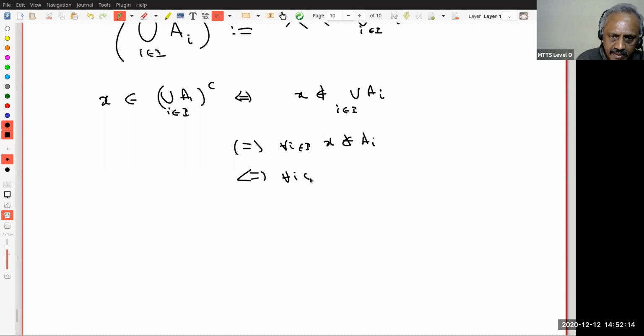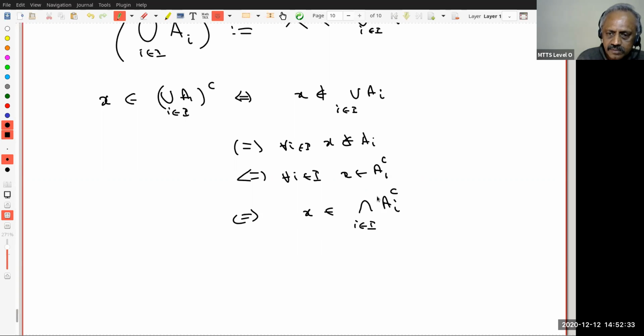But what does this mean? This means for every i in I, x belongs to A_i complement, right? For every i, x belongs to A_i complement. That means x belongs to the intersection of A_i complement, i in I. This is the intersection, right? When does x belong to that? If and only if x belongs to each of the sets. We have proved it.